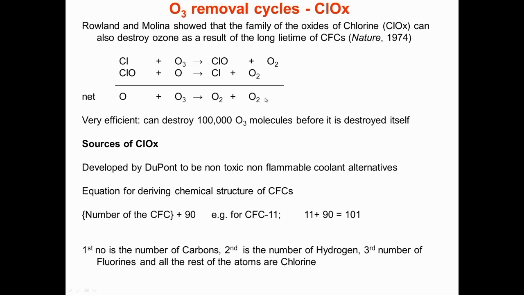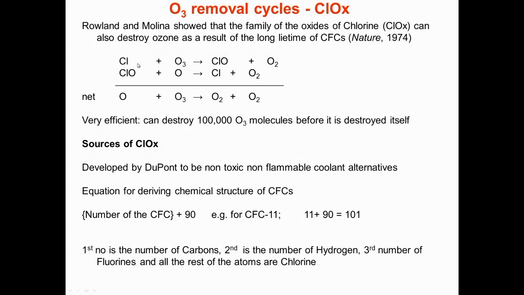The thing that makes this an extremely efficient cycle is that every single atom of chlorine can destroy about 100,000 molecules of ozone. So this goes round 100,000 times, every time destroying an ozone molecule.